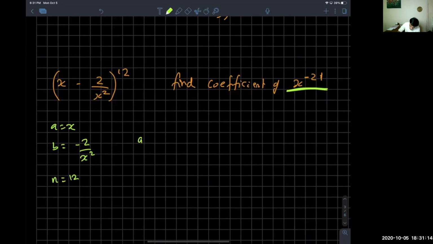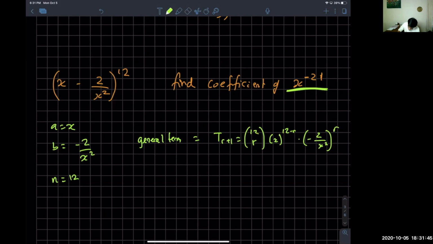So let's do general term is equal to T(r plus 1) is 12Cr times a, which is x to the power 12 minus r, times b, which is negative 2 over x squared to the power r, okay?